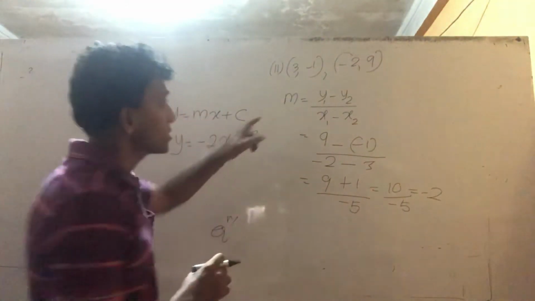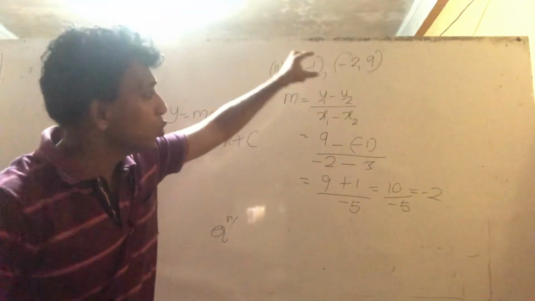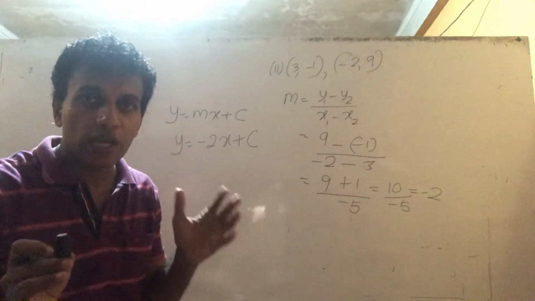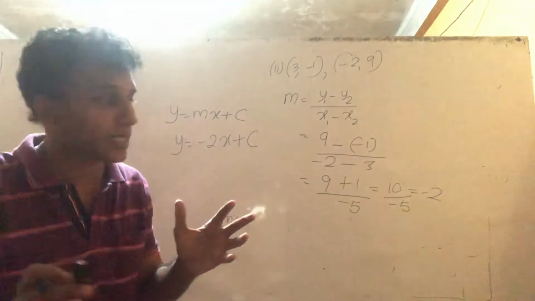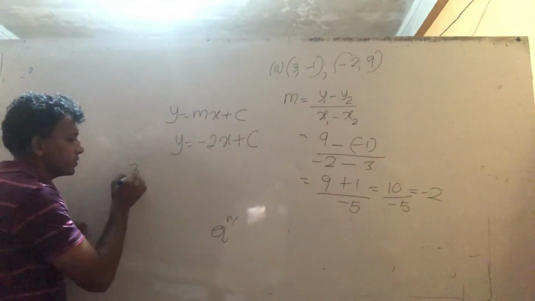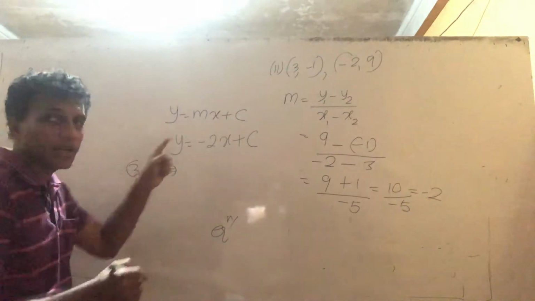This line passes through this coordinate and that coordinate. You apply any coordinate which satisfies the equation, then you can find the c answer. I apply 3 comma minus 1 here.